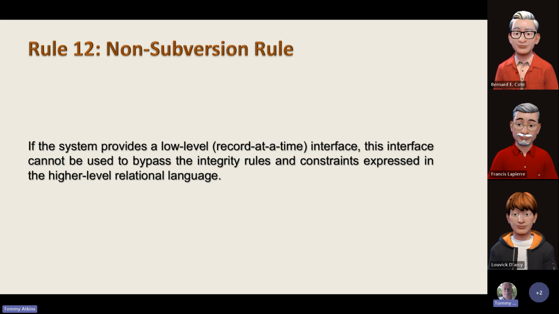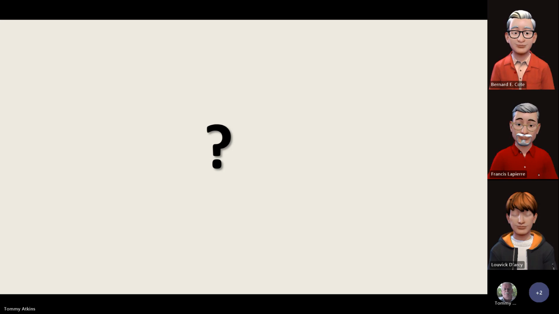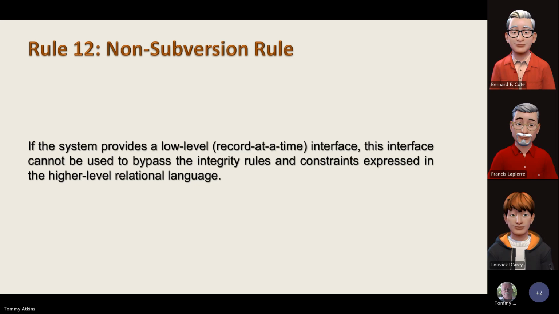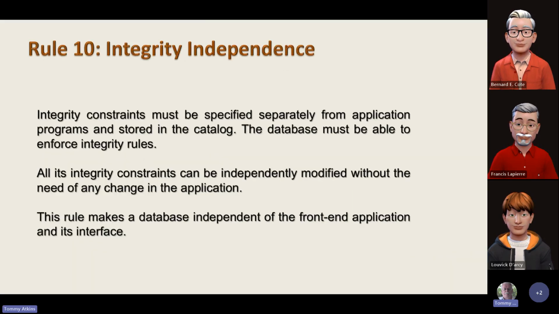Okay, those are the 12 rules. You will never be able to implement all 12 of those. It's just not possible, particularly with the size of your application and the scope of what you're doing. But it's a guideline. Certain of them you should actually try and achieve. And one of them is the non-subversion rule, the distribution independence, the integrity independence.